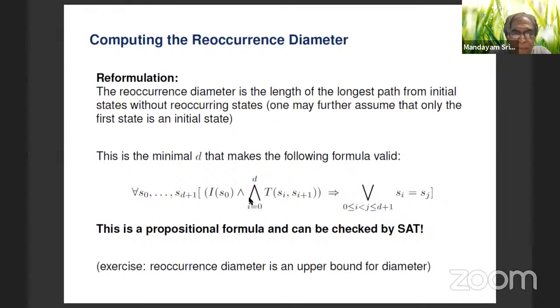For every path of length D plus 1, if there is such a path, then some of the states must have reoccurred.